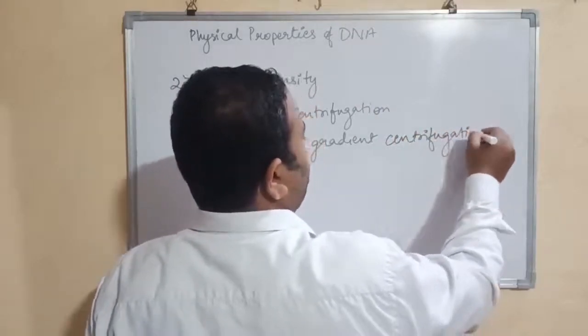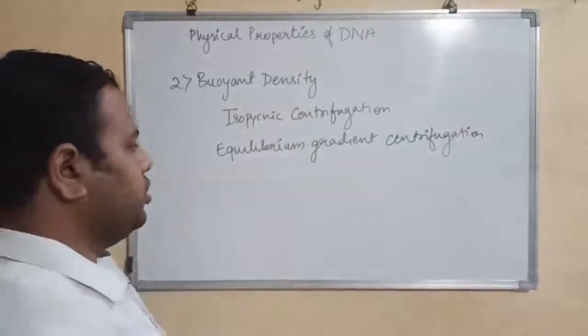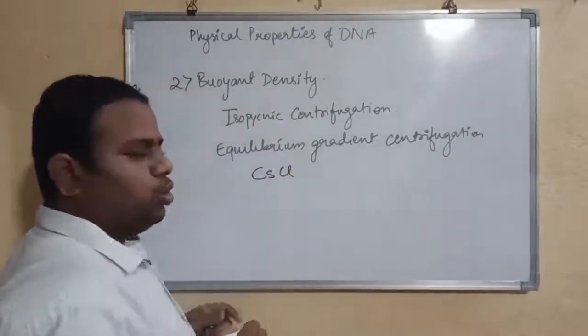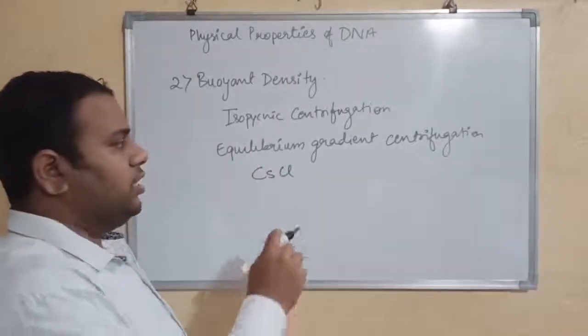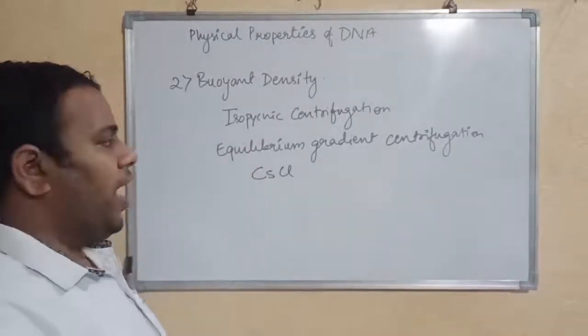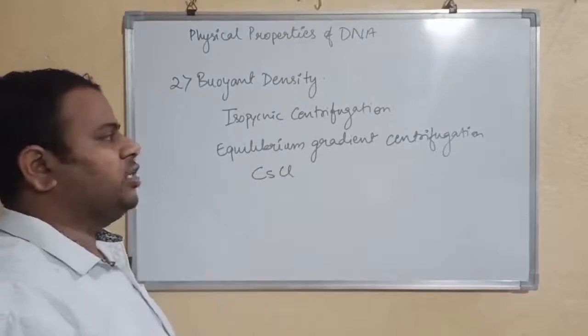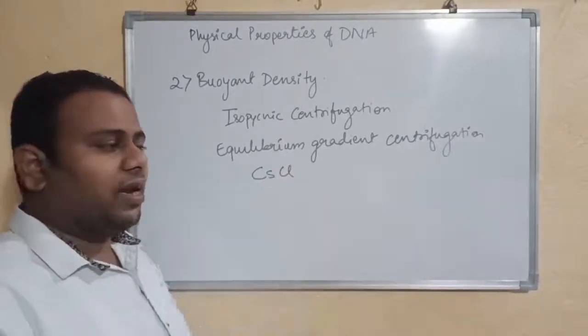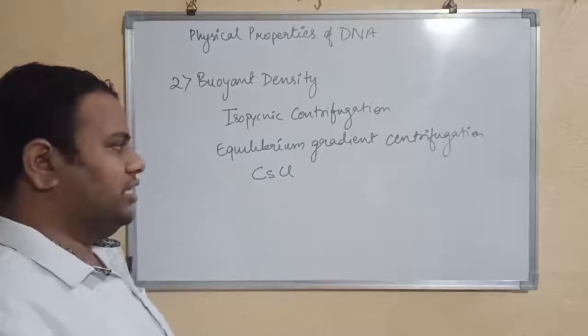In this case a salt solution is used, that is cesium chloride, CsCl. This solution is used for centrifugation. The DNA is mixed in this solution and it is spun at a high speed. So the DNA in the solution will settle at a particular band according to its density.